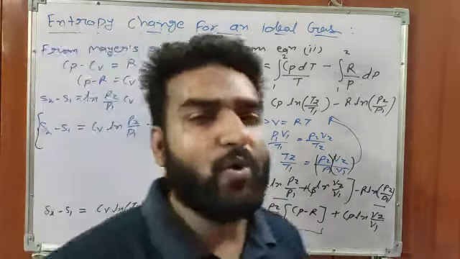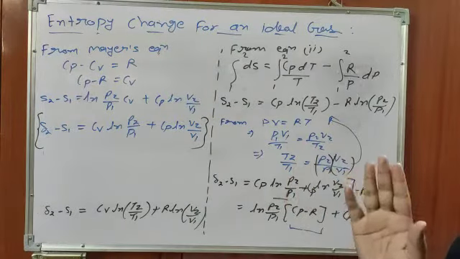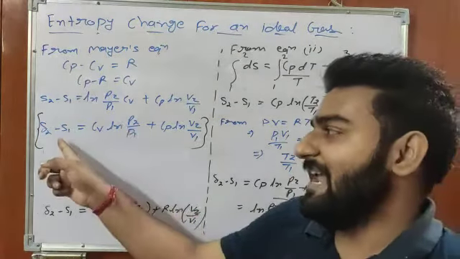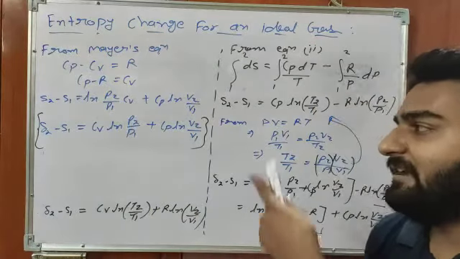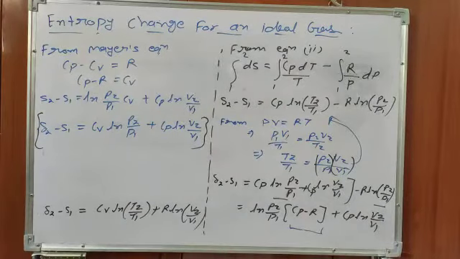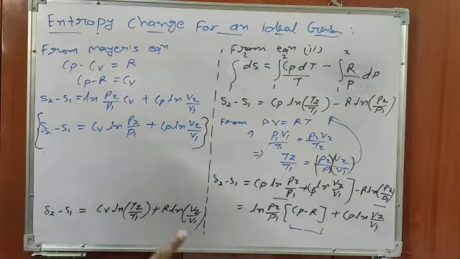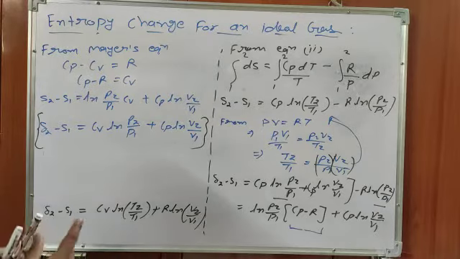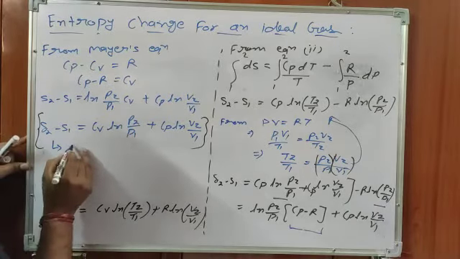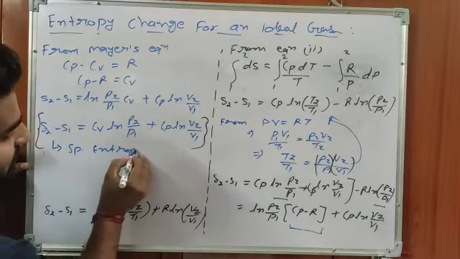If you have a question with given data in pressure and volume, and you are asked for the change in entropy, then you can find it from this equation. This is the formula for specific entropy change.